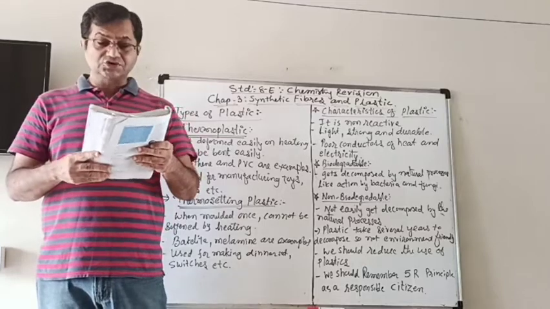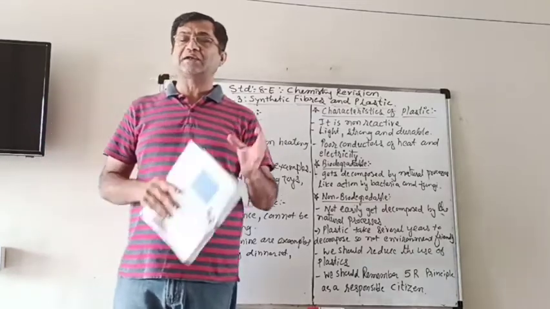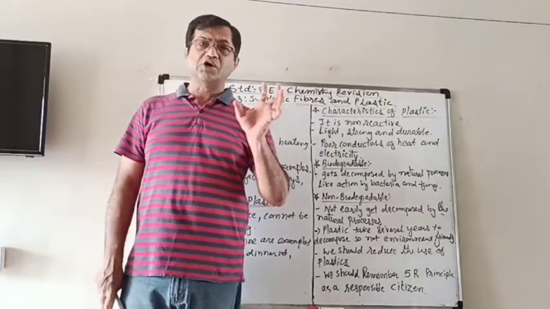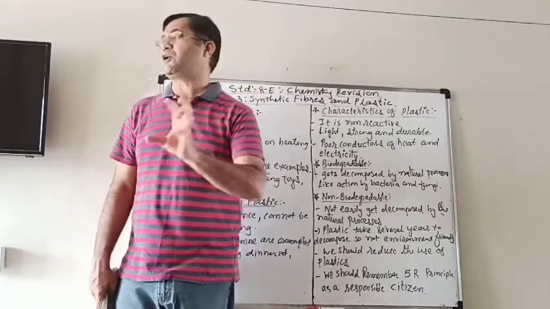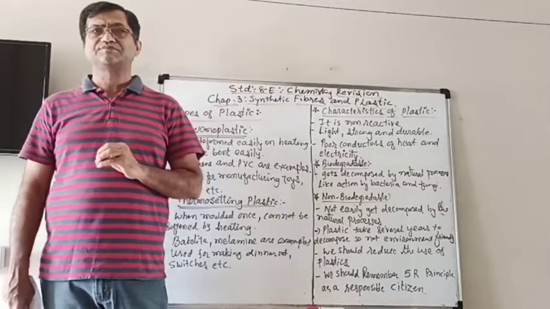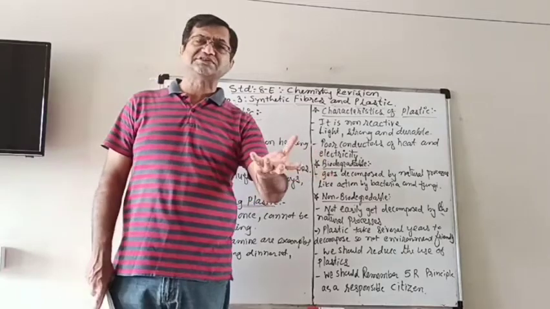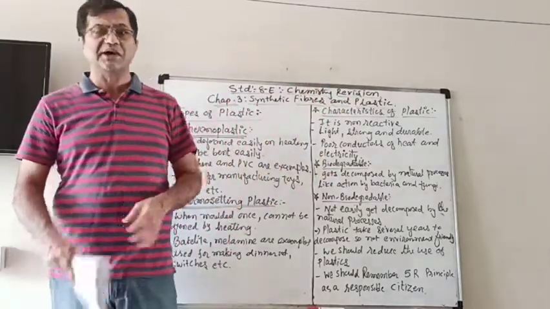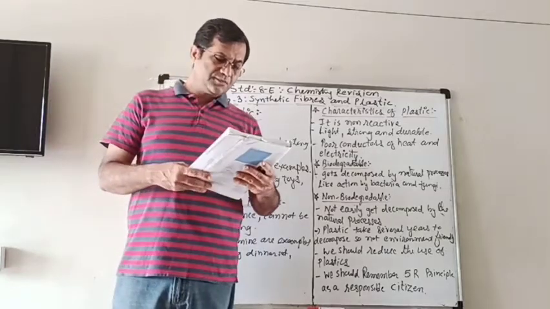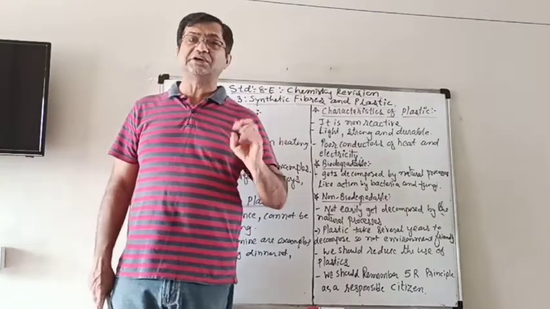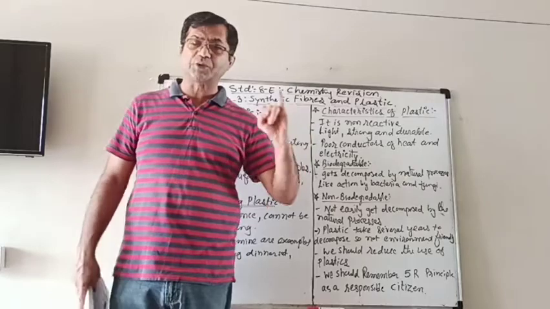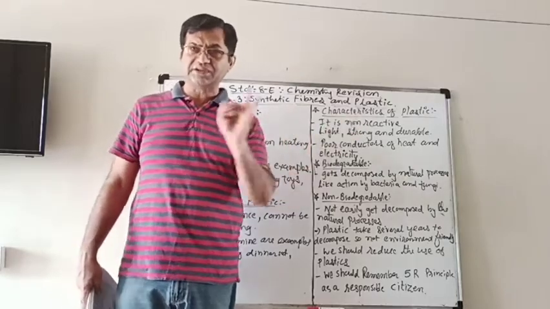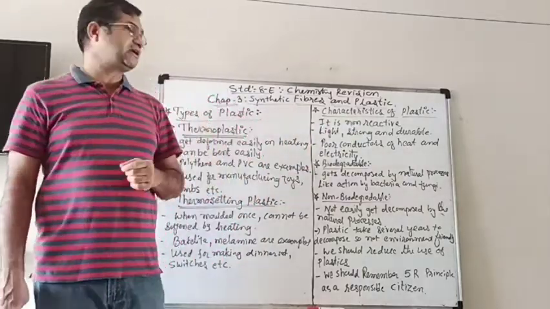So those are the two main plastics. You have to remember the characteristics of both types of plastic. There can be a question on the difference between them, or a short note can also be asked. So that is a very, very important topic: types of plastic, thermoplastic and thermosetting plastics.